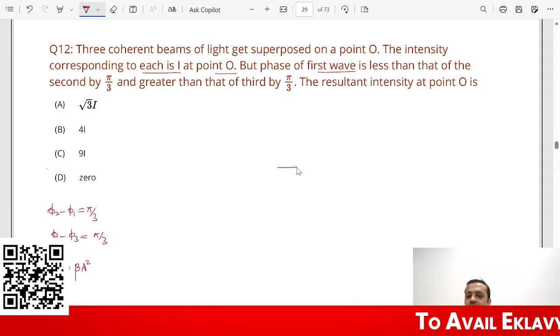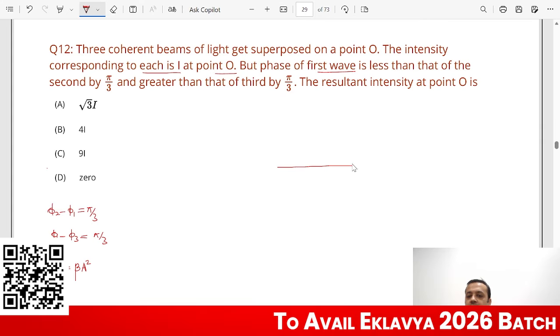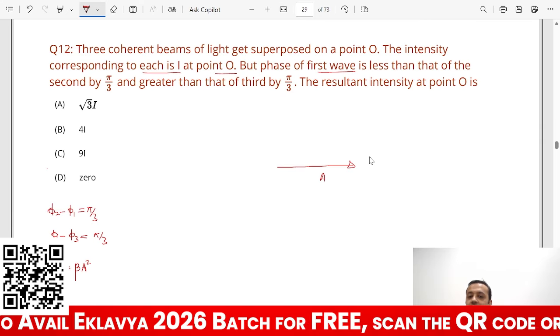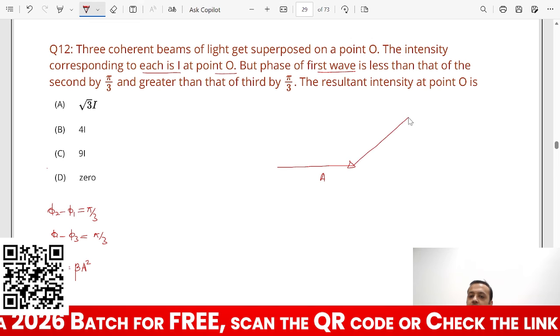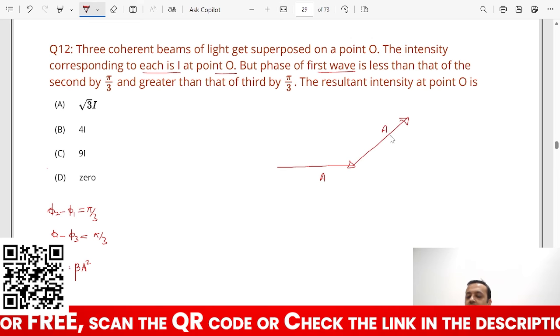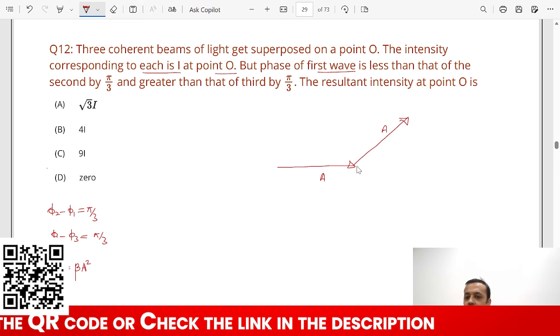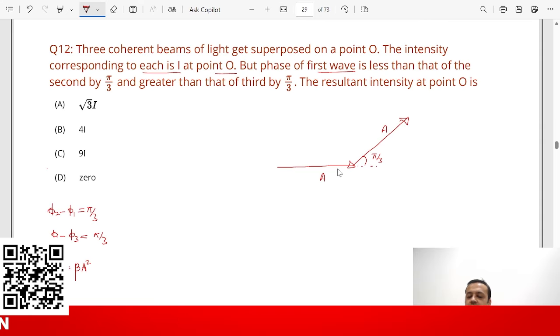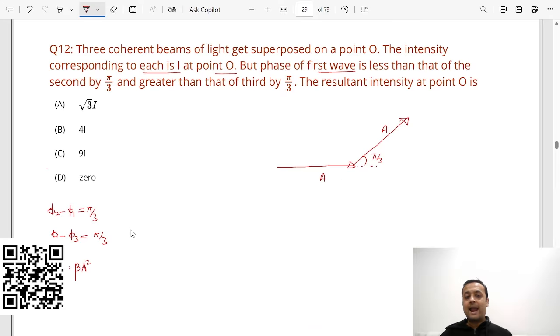If I draw the amplitude of the first wave like this, then the amplitude of the second wave will be drawn like this, at an angle of pi by 3. So you can see that the second wave leads the first wave by pi by 3, and the third wave was lagging the first wave by pi by 3.